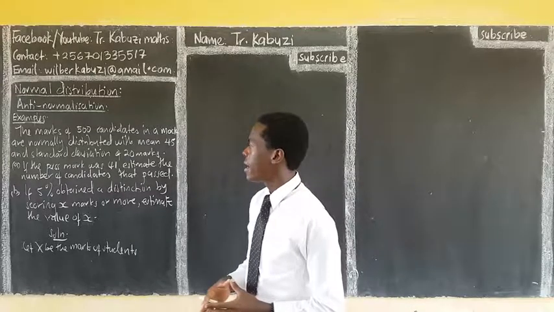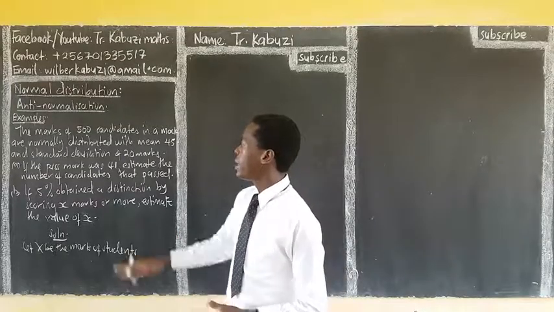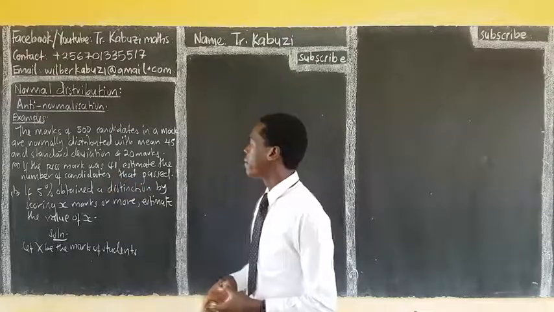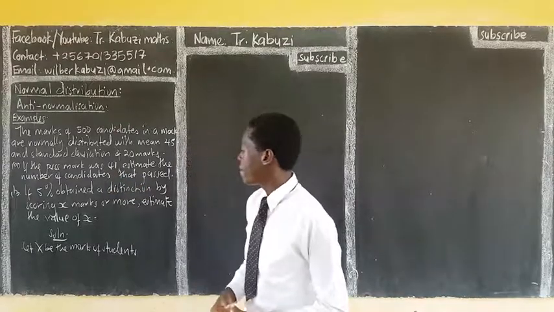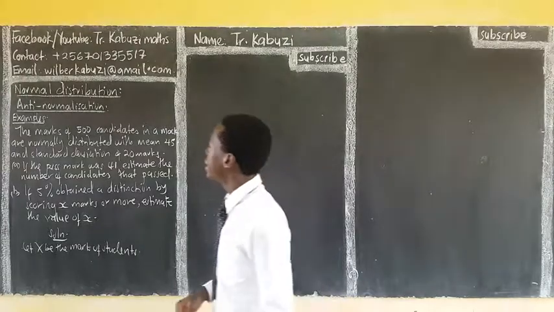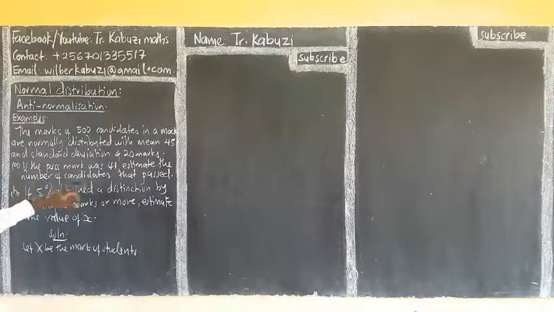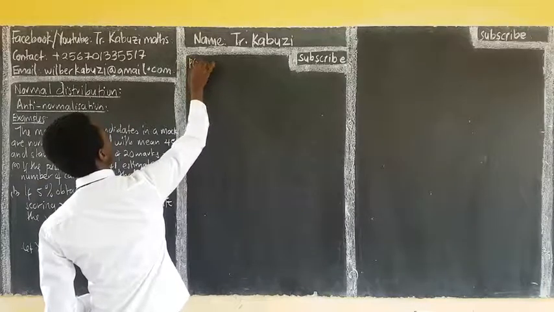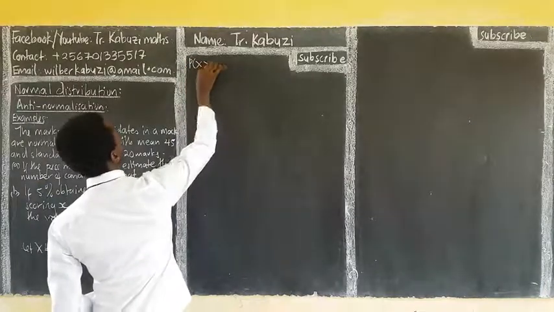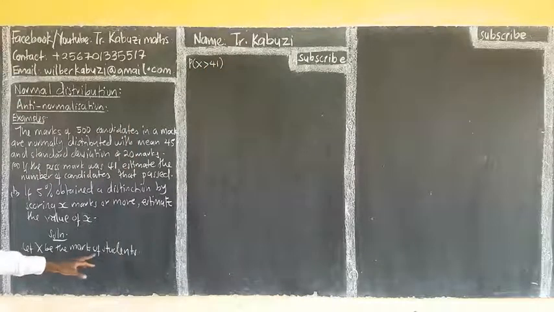So if we want the number of candidates, we need to know their probability. We need the probability of candidates that got above 41. Let x be the marks of the students.